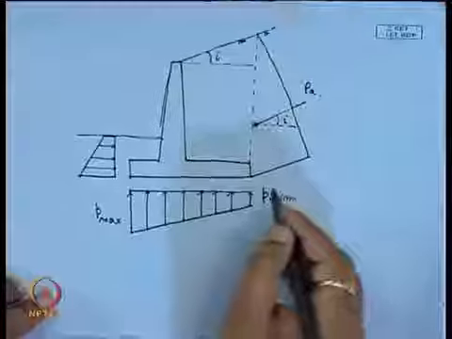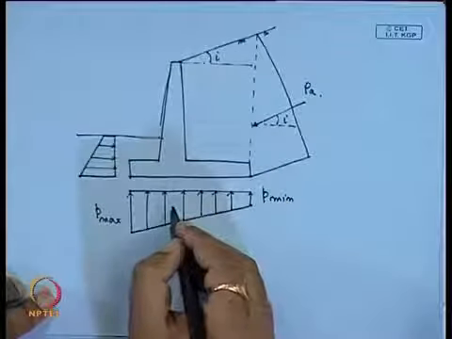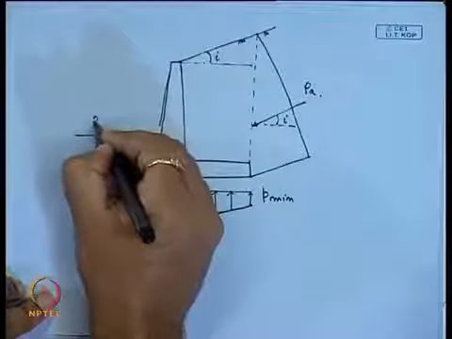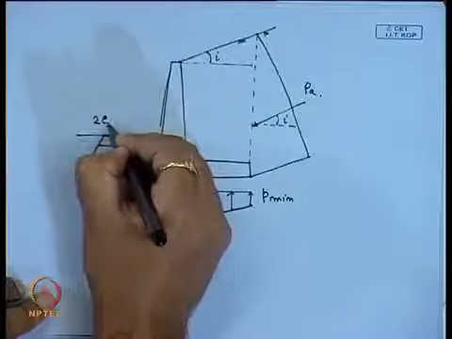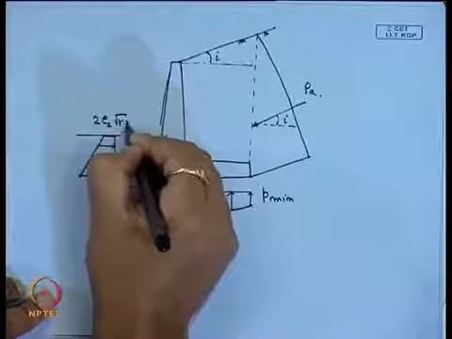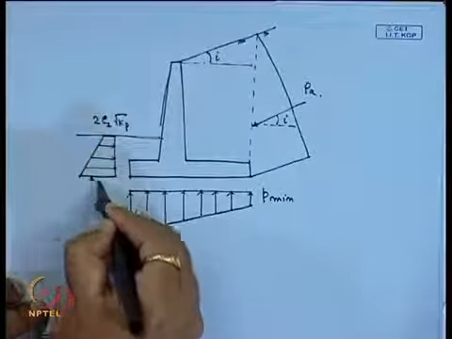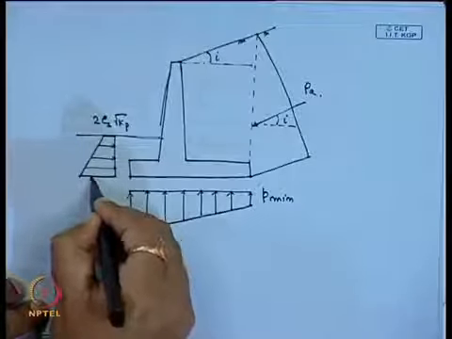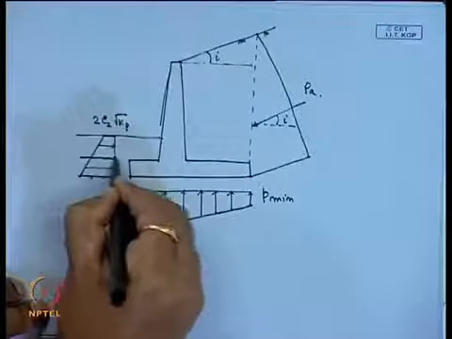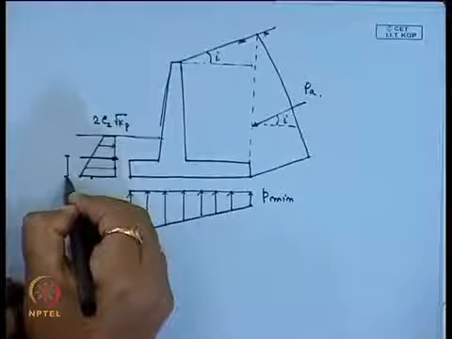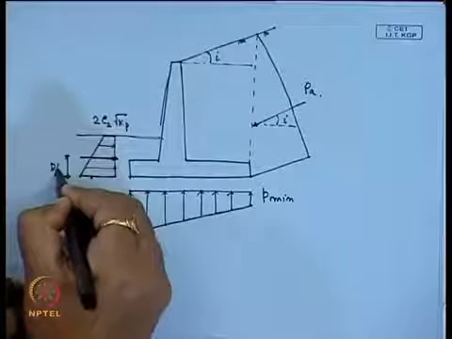Now, to calculate the weight, for this top portion this will give us 2 C 2 root K P, and for this bottom portion this P P 1 will act at a distance of d by 3.